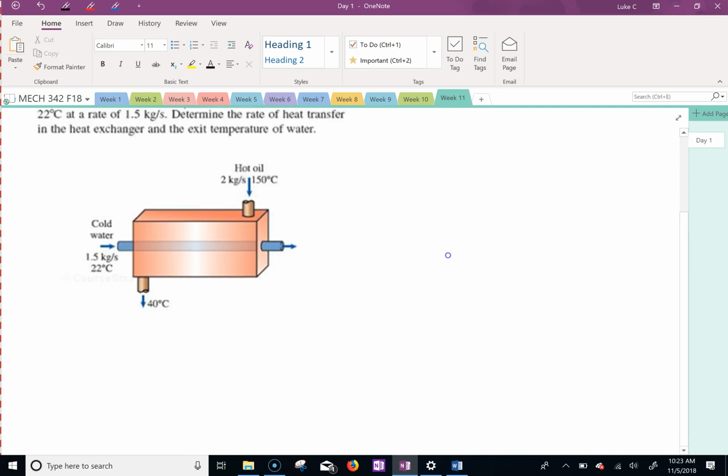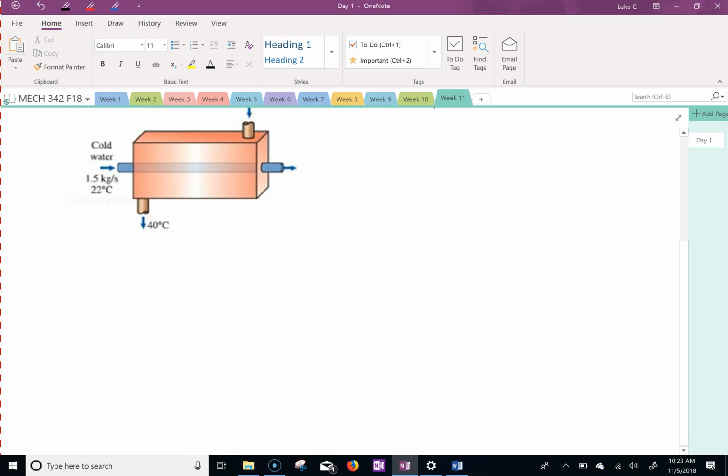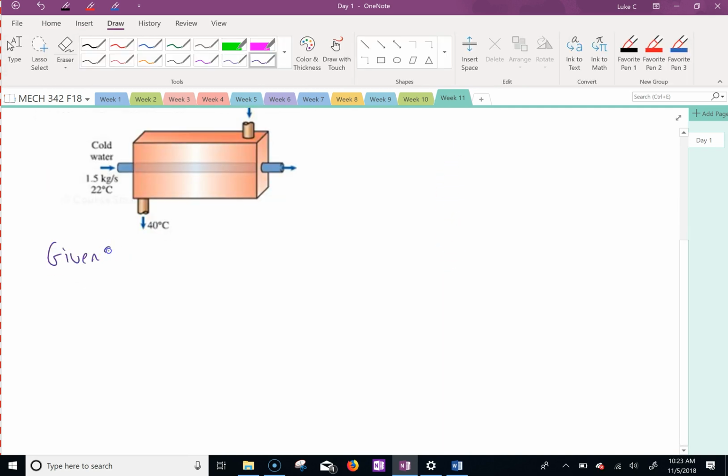All right, let's write some givens right here. 22 degrees C. M dot of the H2O is 1.5 kilograms per second.